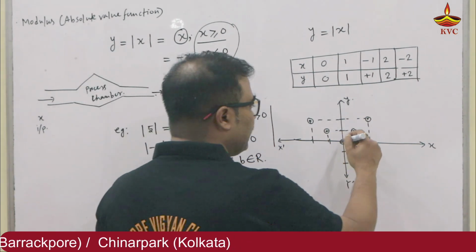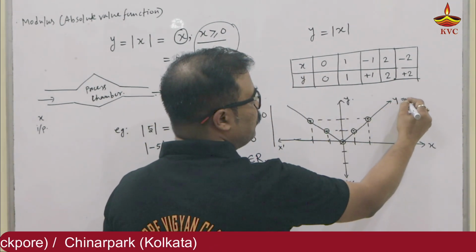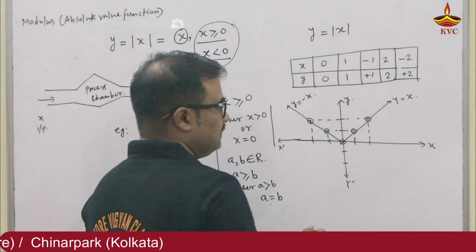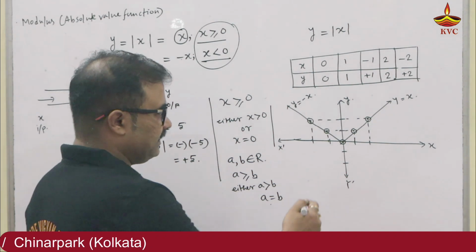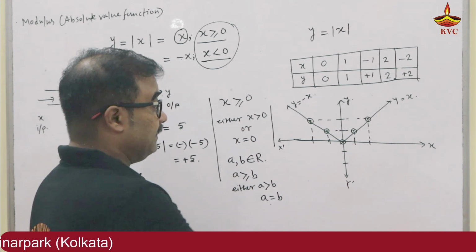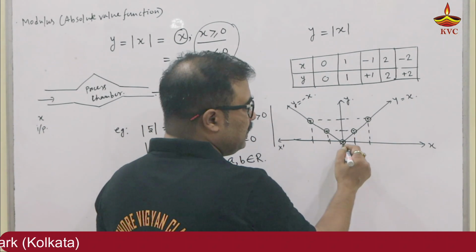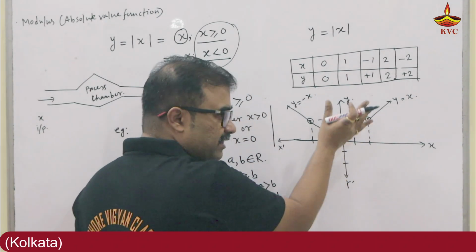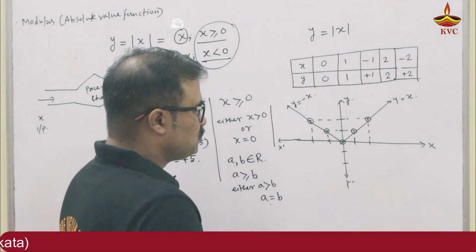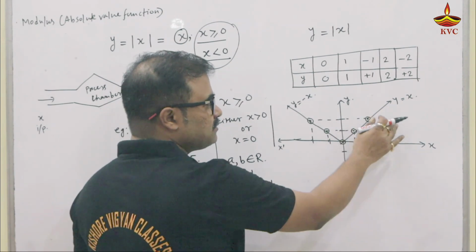So if you join the line, this line gives you y equals x, this line gives you y equals minus x. That means if above the origin is taken as positive and below the origin is taken as negative, nothing in this graph is visible below the origin. So it is clearly visible that all the output is always positive.